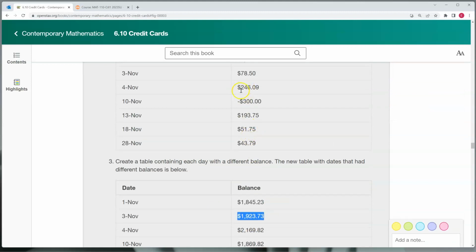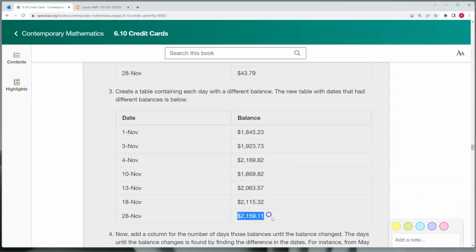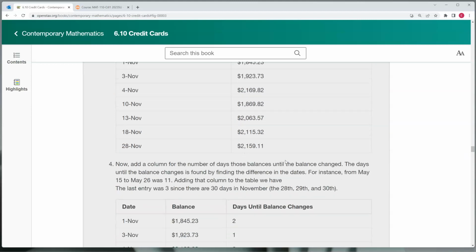Then on the 4th, he made another purchase of $246.09, so our balance is going to add $246. Then on the 10th, we're going to subtract $300, so our balance goes down again. And then from there, we're adding each of those days till we get there. Now, in the next one, we need to figure out how many days we had each of these balances. I hate to be a little redundant.